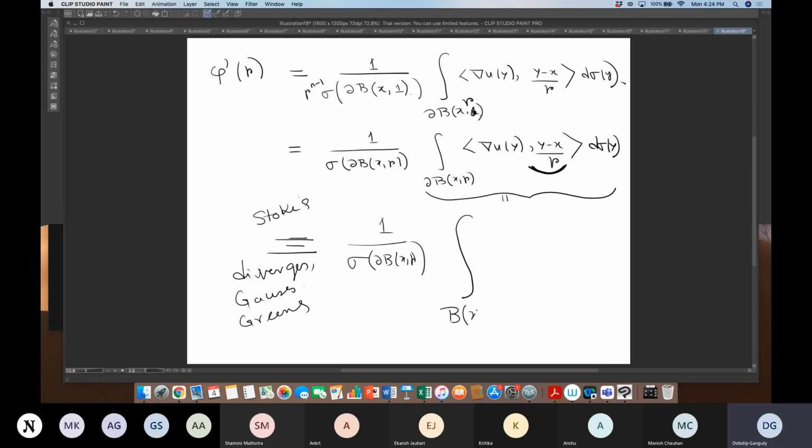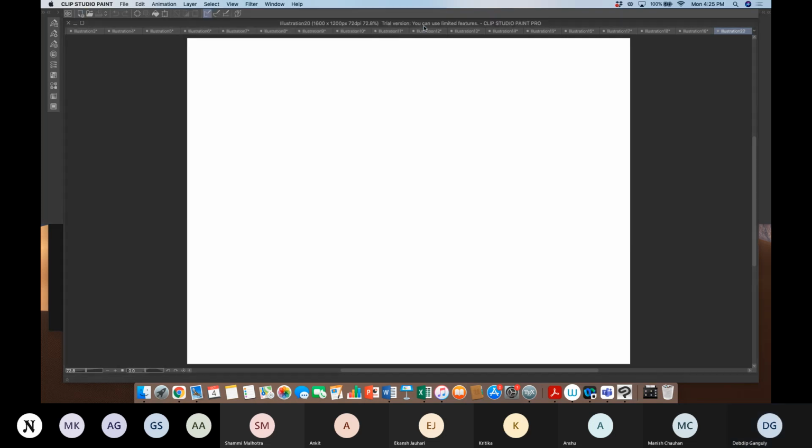If you want to go to B(x, r), this is Laplacian u dy. Which theorem? From this step to this step, what have I used? I have used integration by parts.